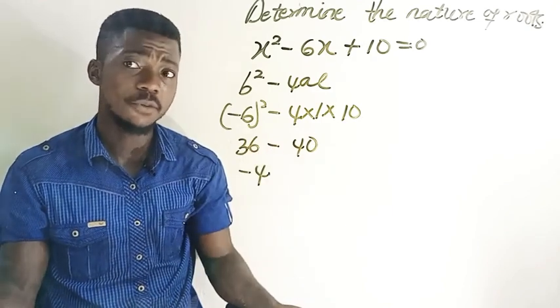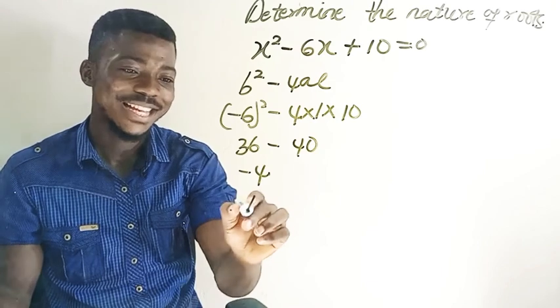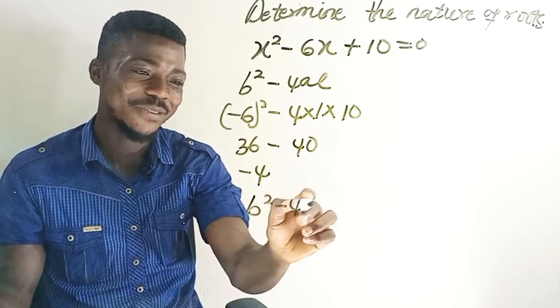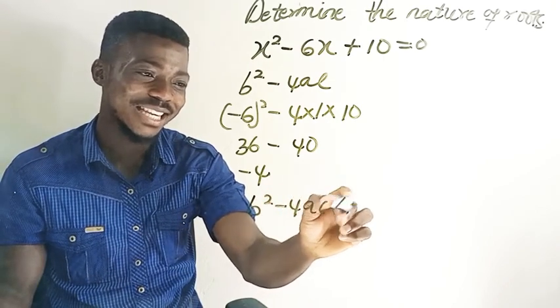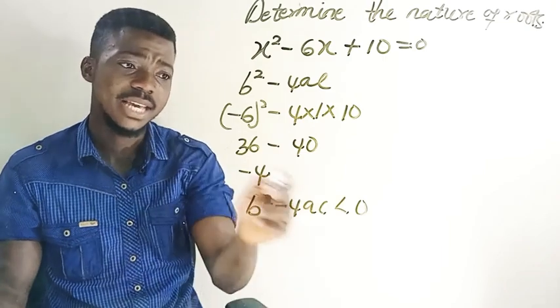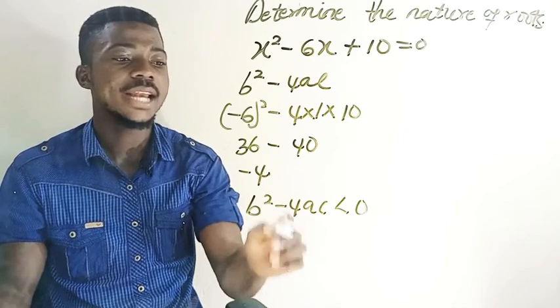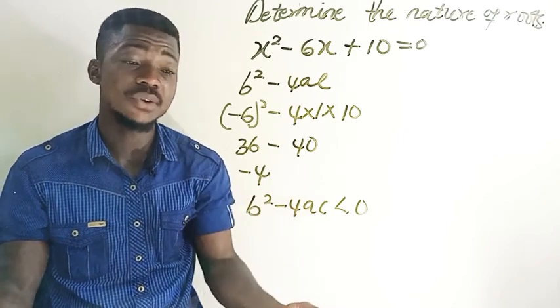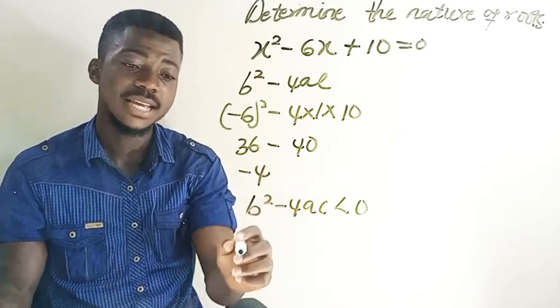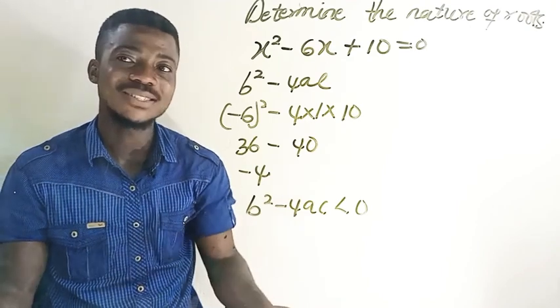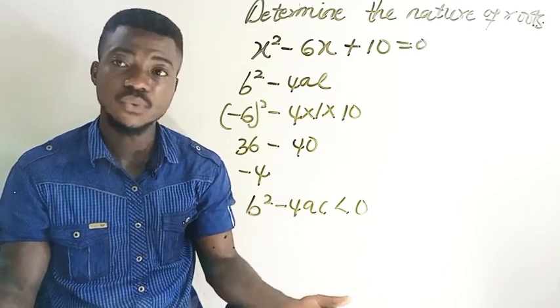Negative 6 squared gives us positive 36, minus 4 times 10, which is 40. So 36 minus 40 gives you negative 4. Therefore, the discriminant of the equation is less than 0. If you solve it and you get the discriminant to be less than 0, it means that the equation does not have real roots.